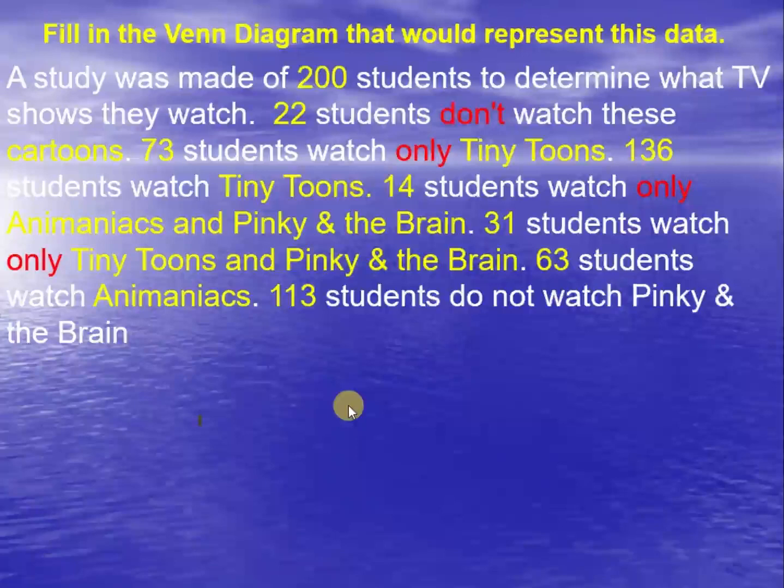Okay, 73 students watch only Tiny Toons. 136 students watch Tiny Toons. 14 students watch only Animaniacs and Pinky and the Brain. 31 students watch only Tiny Toons and Pinky. 63 students watch Animaniacs, and then 113 students do not watch Pinky and the Brain. So pause the video and try to see if you can take this as well.